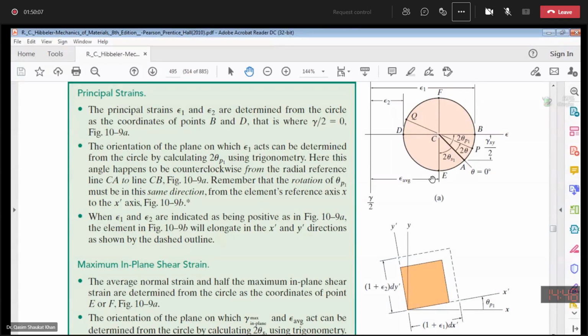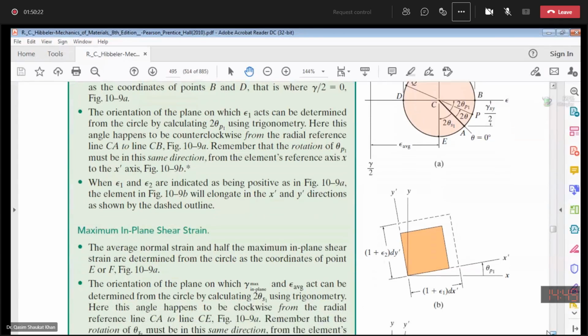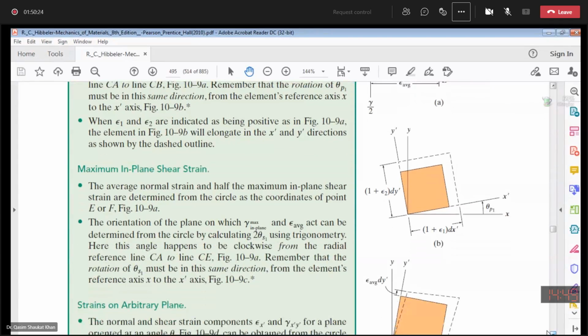Over these shear planes you have the maximum in plane shear strain and the associated average normal strain. So the average normal strain and half the maximum in plane shear strain are determined from the Mohr circle as the coordinates of the points E or F.